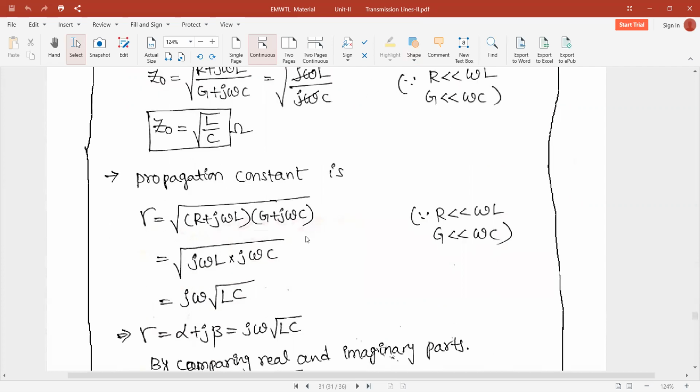And the propagation constant also, the gamma, I explained it as P. Okay, you can write the gamma or it is a P. The P is equal to under root of (R plus j omega L) and (G plus j omega C).